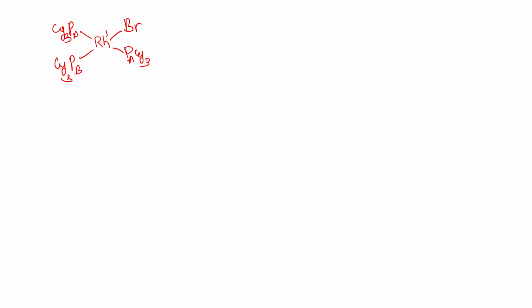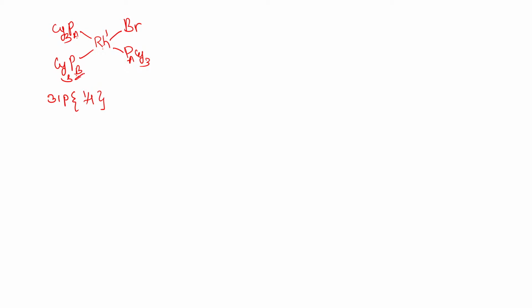Now if you consider 31P NMR, of course when we are taking 31P NMR we are decoupling with proton. We should write like this. Now we have to consider two factors. These two phosphorus will couple first with rhodium and then with the other phosphorus. Similarly this one will first couple with rhodium and then couple with two phosphorus atoms.